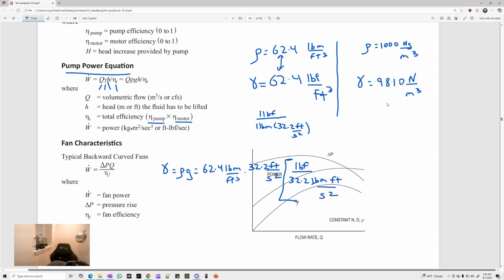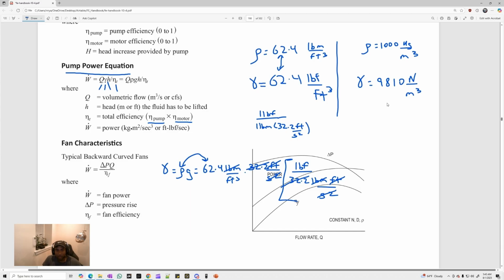The pound mass will cancel, the pound force is there, the second squared cancels, the foot cancels. All we're left with is pound force per cubic foot. And you can see this critical cross out right here: the gravity term cancels. So that's why the density and the specific weight have exactly the same magnitude.